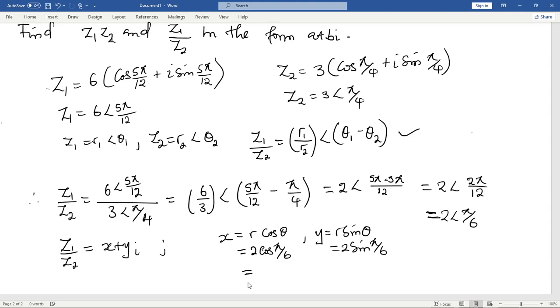Let's just punch these on the calculator there and we get the values that we need. So we say 2 cos pi over 6, we're getting 1.73 like this. Then let's also get 2 sin pi over 6.